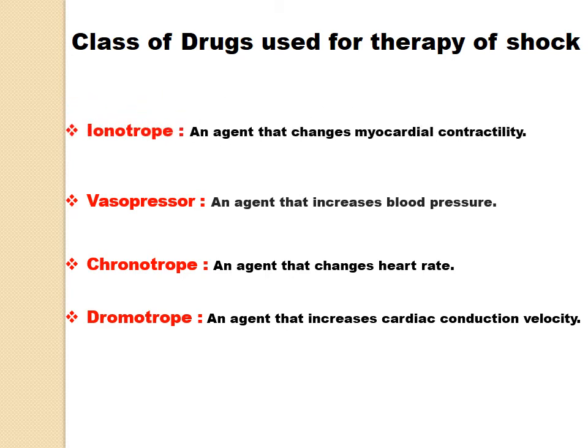Inotropes are those agents which have the capability to change the myocardial contractility. The second class of drug is called the vasopressors. Vasopressors are the agents having the potency to increase the blood pressure.